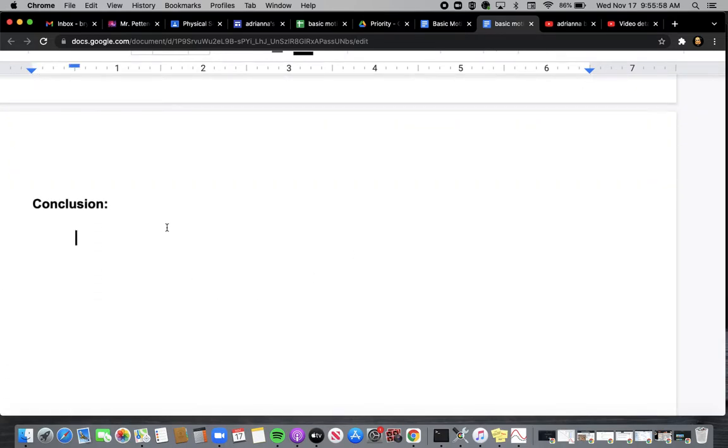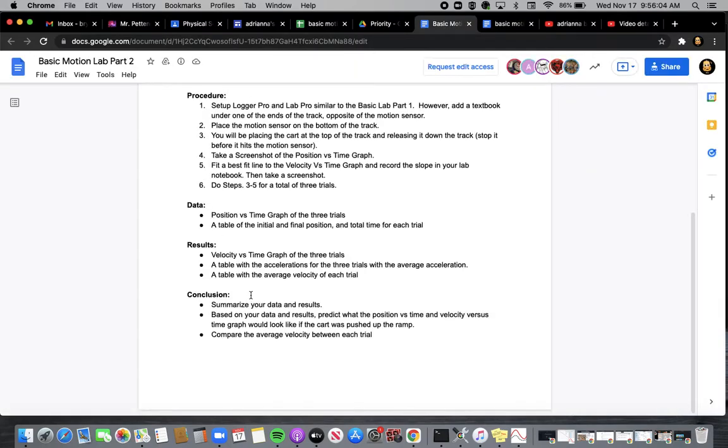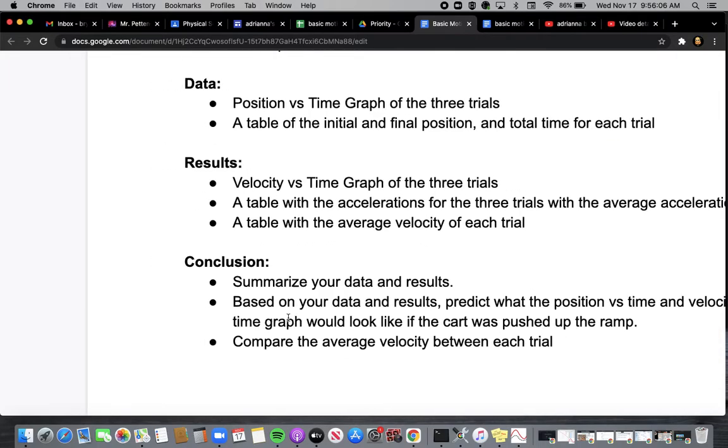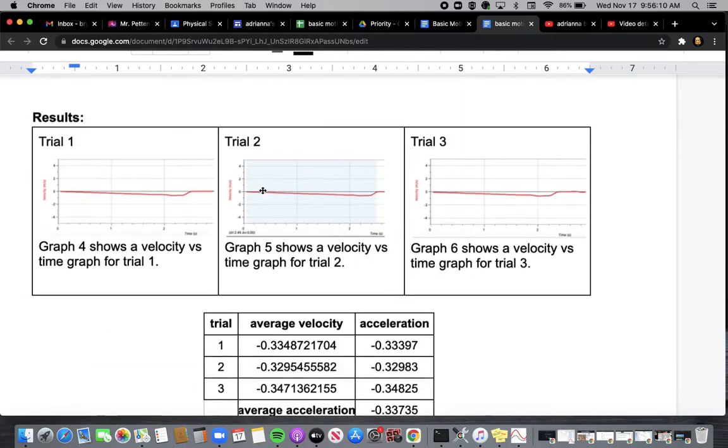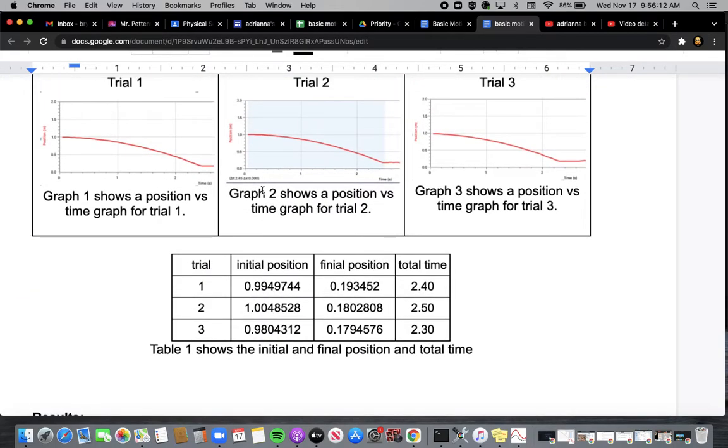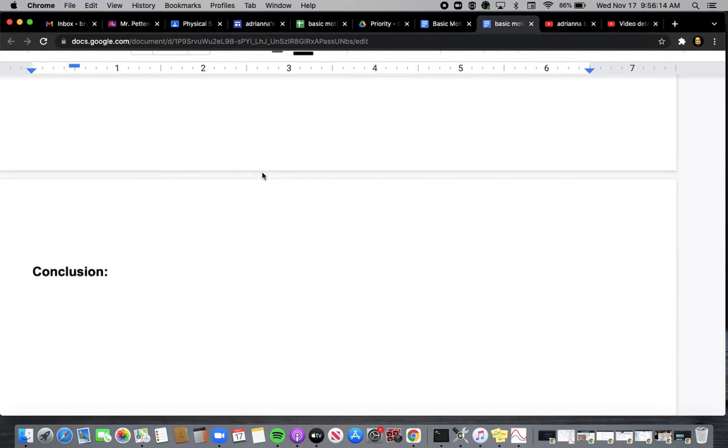And now we get to our conclusion. How we should write our conclusion is, he says to summarize my data and results in the first few sentences. So we'll say the data shows, that gives us an easy first 2 words.